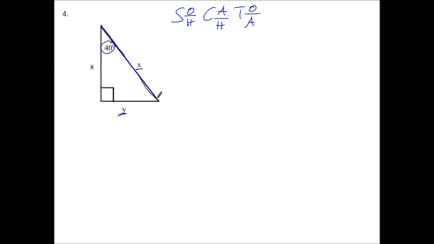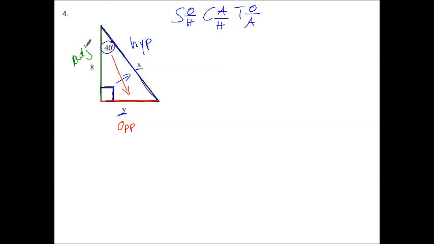The longest side across from our right angle is the hypotenuse, and that has the length of x. The side opposite from angle 40 degrees is the side labeled y, and that leaves our adjacent next to our angle 40 degrees. That is the adjacent side.